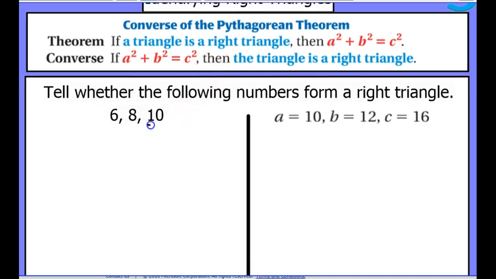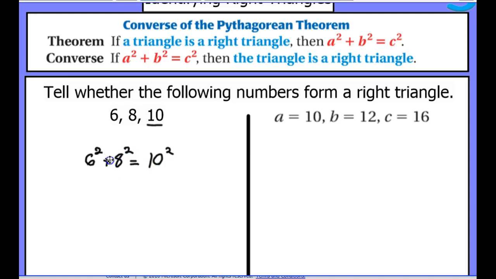We know our biggest number is going to be c squared, so we know that 10 is going to be 10 squared. We also know that 6 and 8 doesn't really matter. They could either be a squared or b squared, but let's just say 6 is a squared and 8 is b squared.